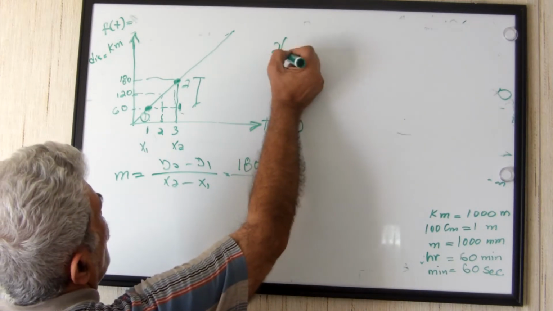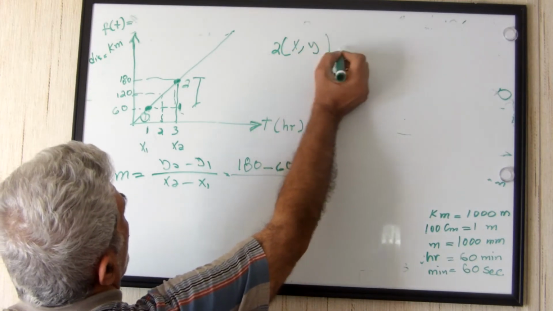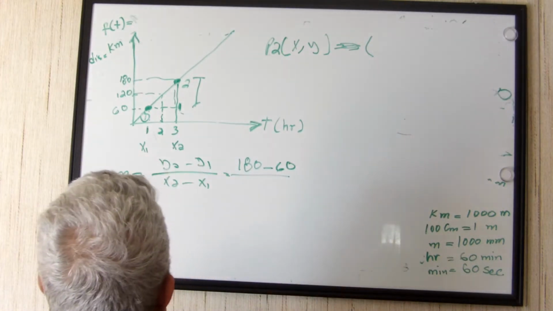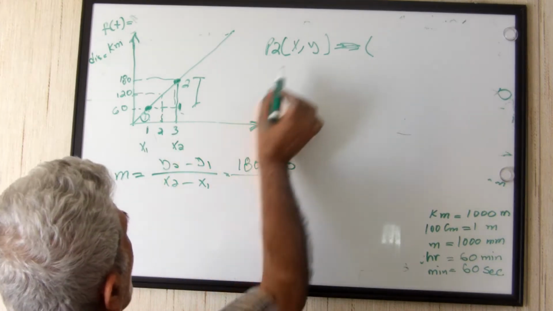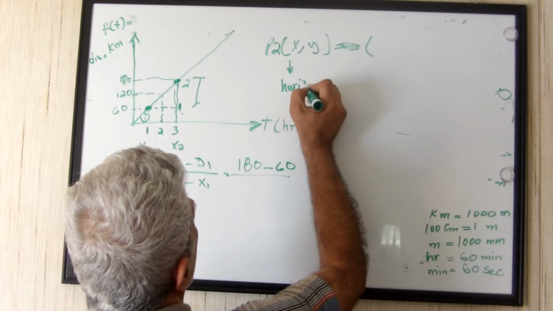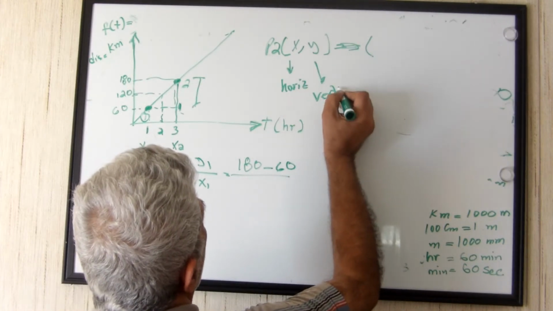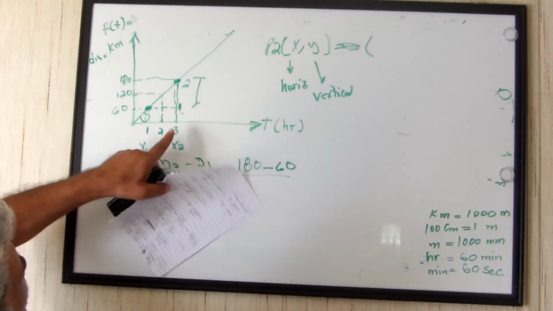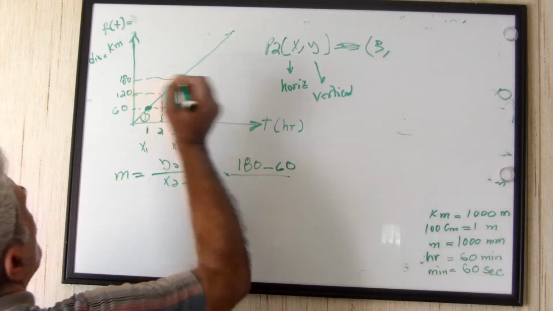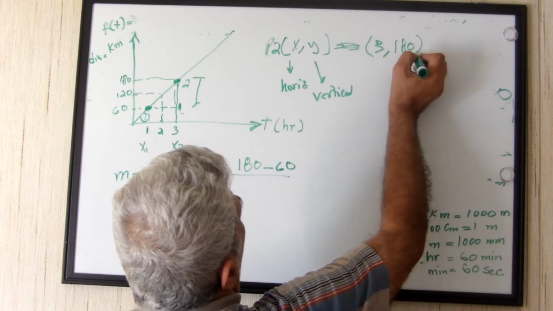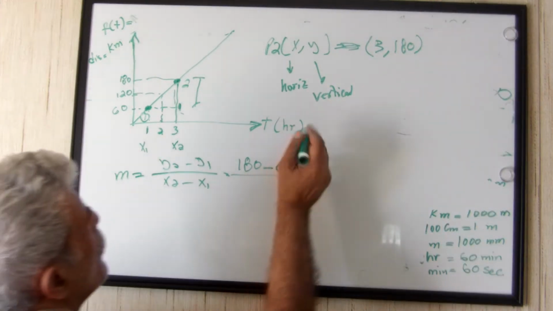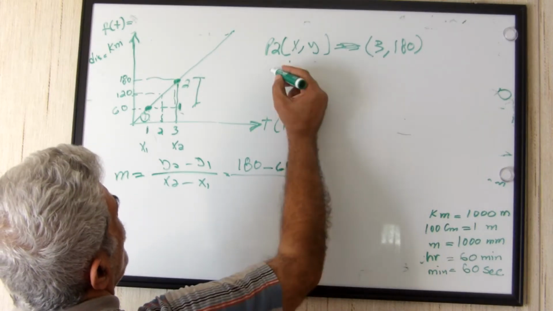We write the coordinates x and y. This is point 2.